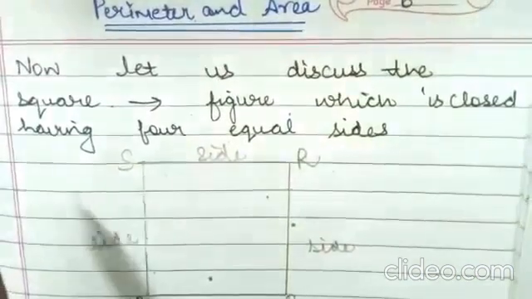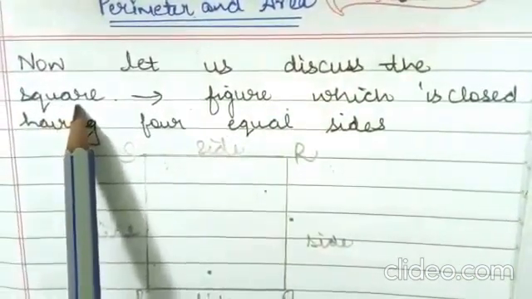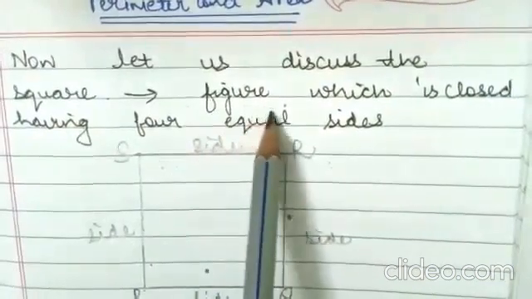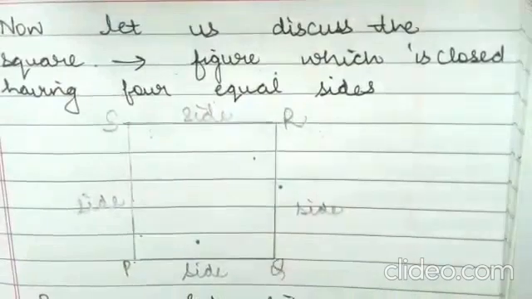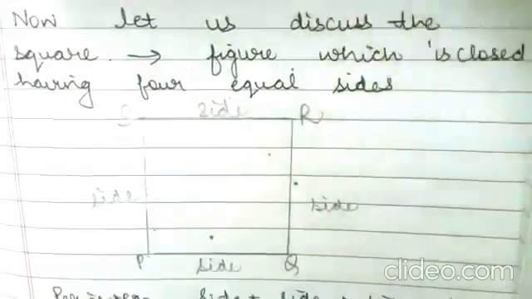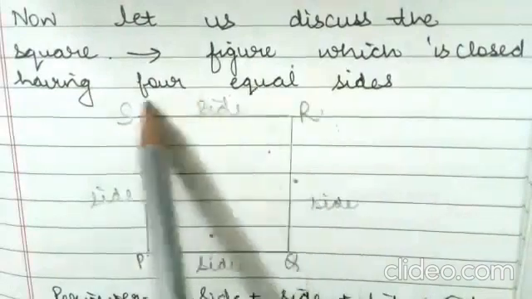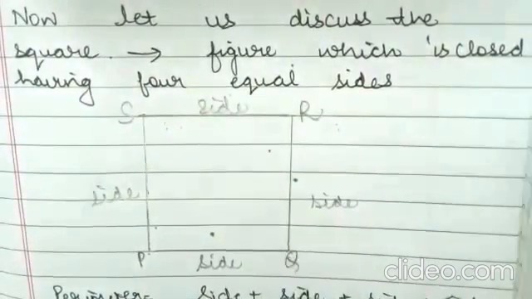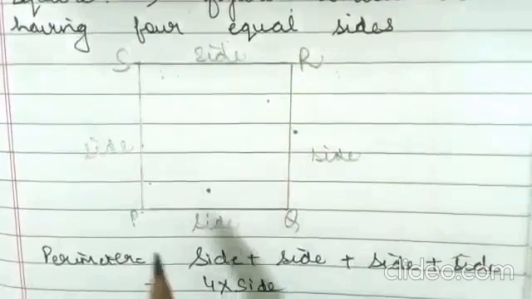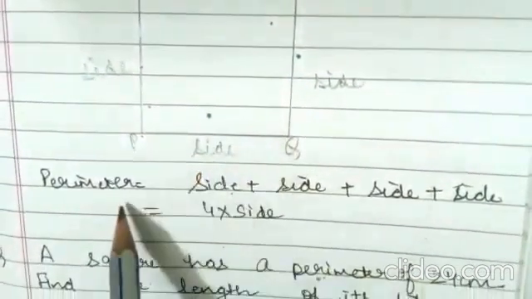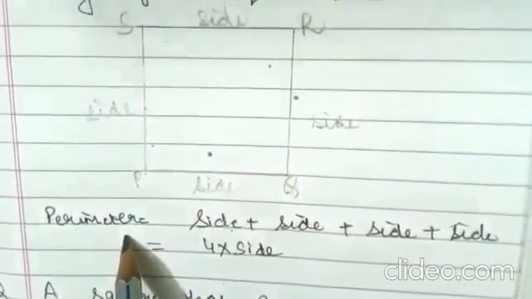Now let us discuss what is a square. Square is also a quadrilateral which is closed, having 4 sides, and all the sides of a square are always equal. Always keep in mind that all 4 sides of a square are equal. Now, the perimeter will be what?